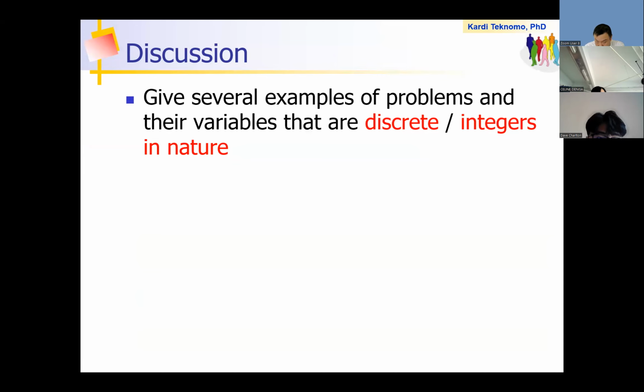You're still muted. Give me an example of any problem where the variables are discrete or integer. The choices are integer, or the choices are discrete.